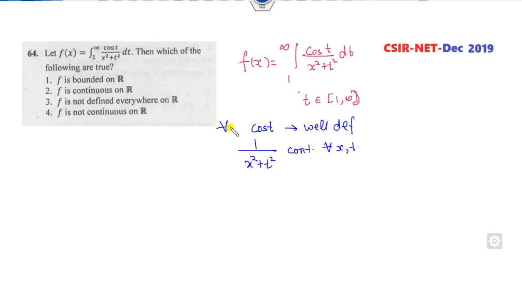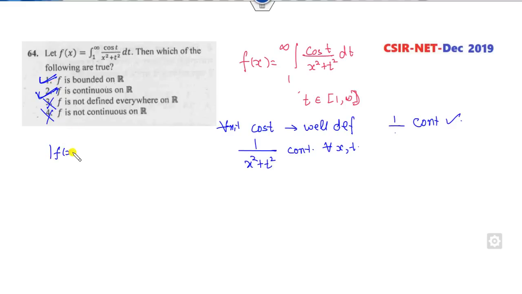So the ratio of them is also continuous over the whole domain. Fine. Now, it is not defined everywhere, that's a wrong option. How can you check for bounded? That's very simple. Every continuous function is also a bounded function. So that's also the correct option.